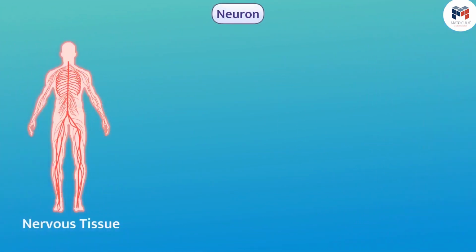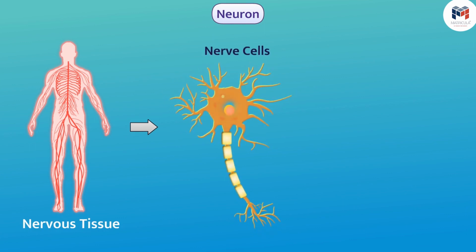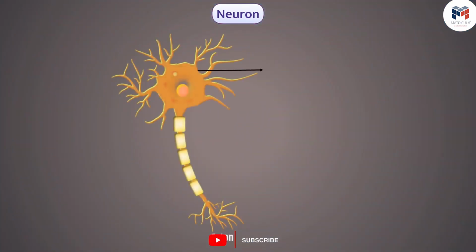Neuron. Nervous tissue is formed from a net of many nerve cells, also called neurons. A neuron is the structural and functional unit of the nervous system. A neuron consists of a cell body, dendrites, and an axon.